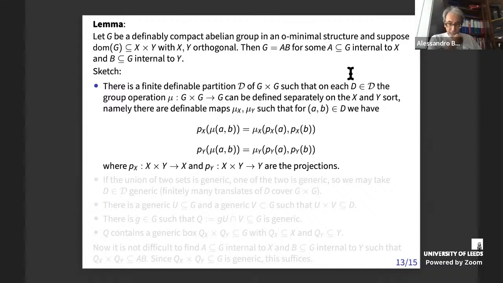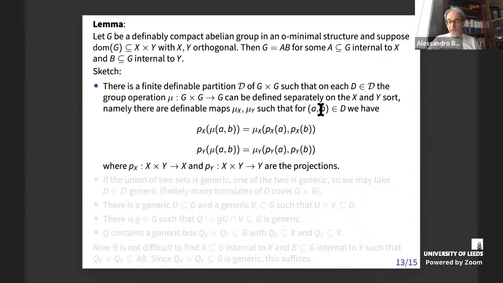First of all, since X and Y are orthogonal, the group operation cannot be very complicated. Actually, you may have any definable function rather than the group operation. For any definable function, piecewise, there is a finite partition such that on each piece, this operation can be defined separately on the X and the Y sort.